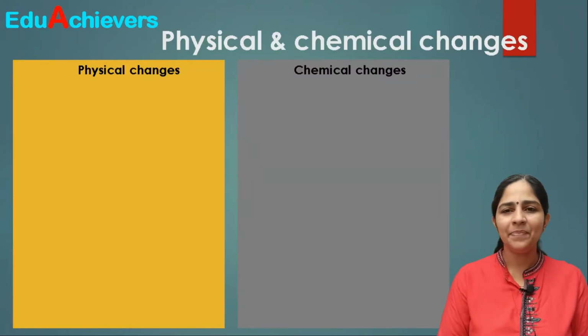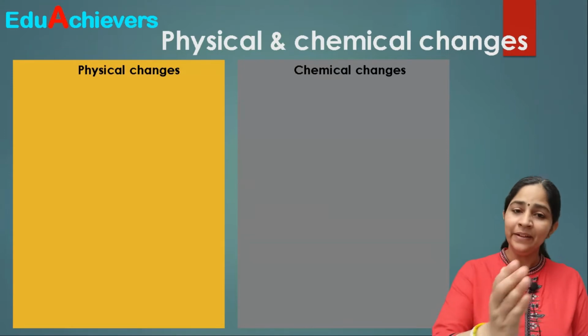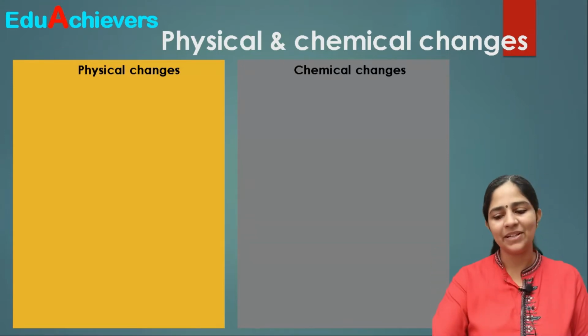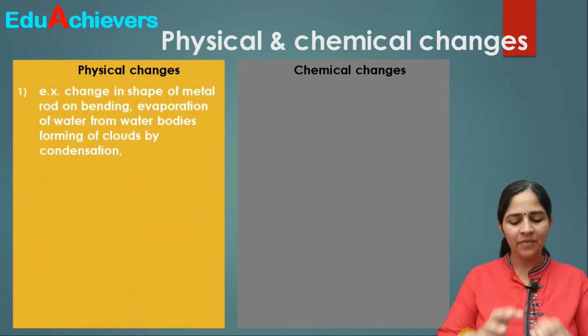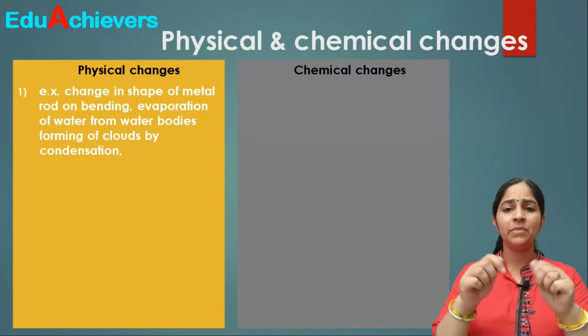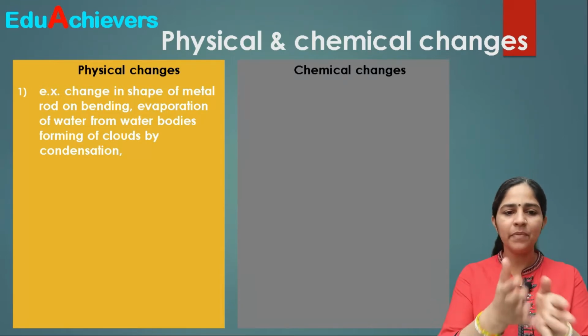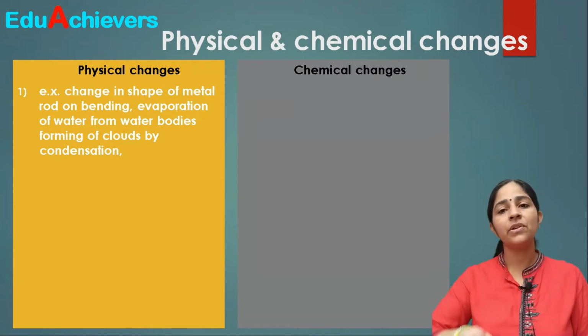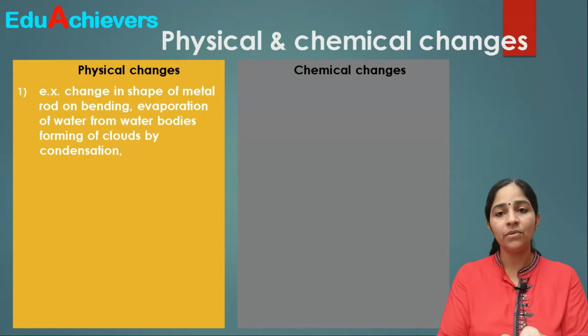Broadly, we can divide the changes around us into two categories: physical changes and chemical changes. And what is the difference between these two? Physical changes involve, for example, giving a different shape, like twisting a metal or bending it, or evaporation of water from water bodies, or condensing it back into clouds.